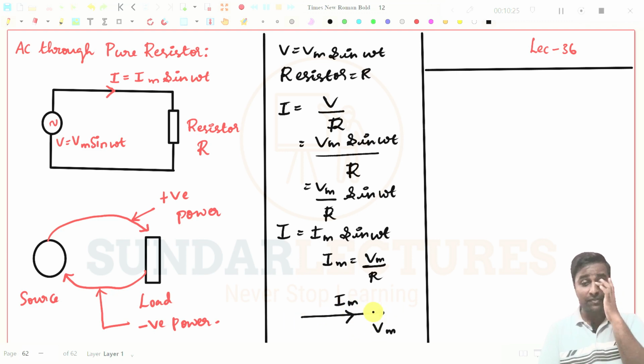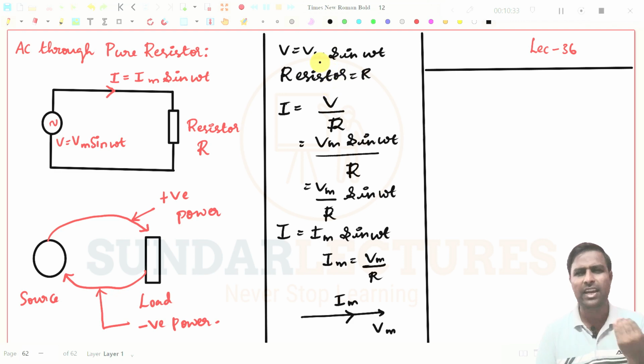There is no phase difference because both are in the same phase. We always get V equal to Vm sin omega t, and I equal to Im sin omega t. There is no phase difference, right? So this is how you need to find this value.